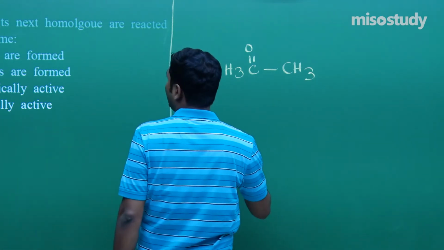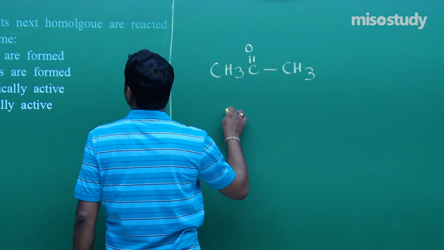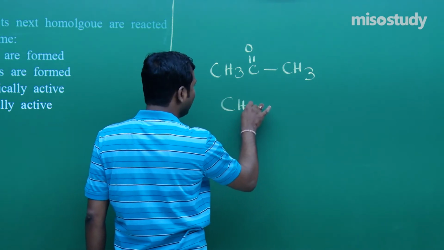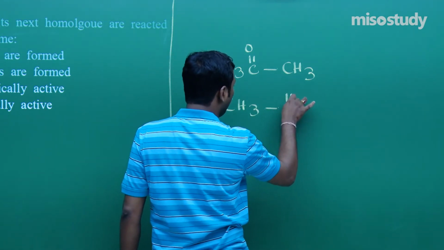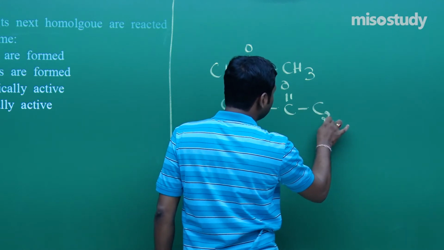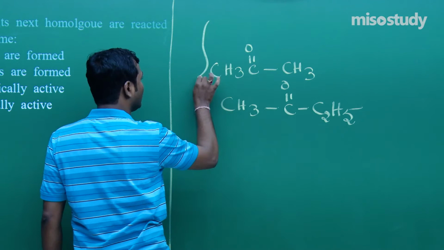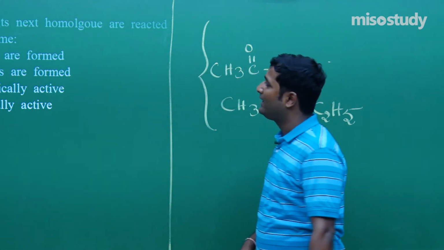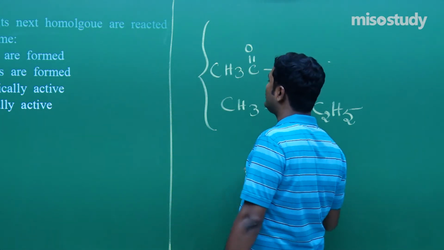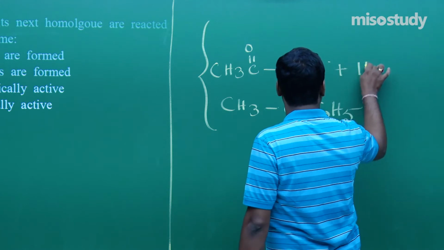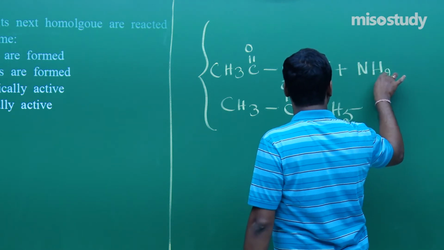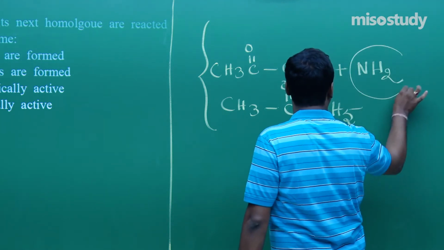Okay. Now the next one is its homologue, that is CH3COC2H5. Remember this? Now tell me, when treated with NH2OH, which type of oximes will they form?